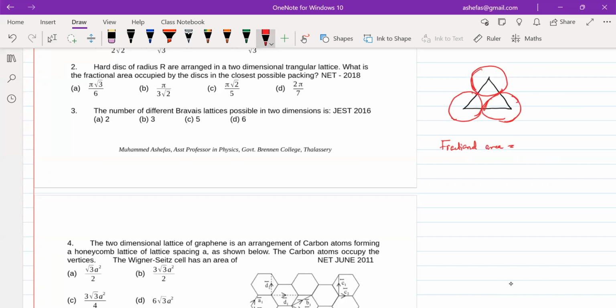First of all, we have to know what fractional area is. By definition, it is the area occupied by the disks within the triangle, which is a triangular lattice, divided by the area of the triangle.